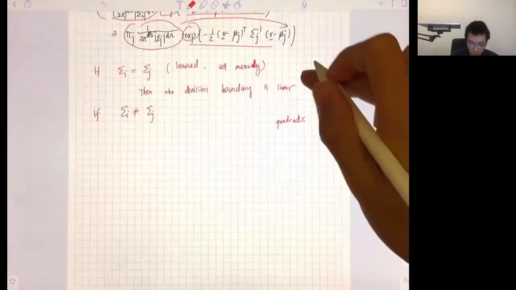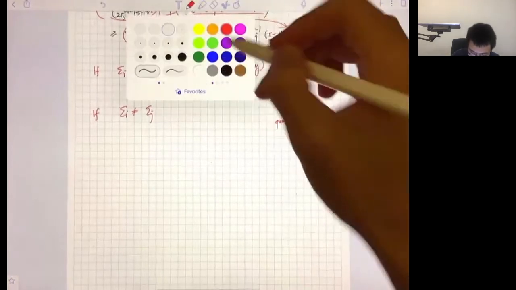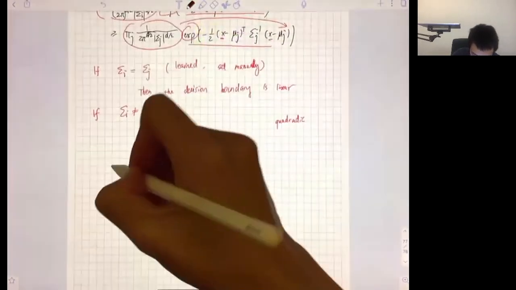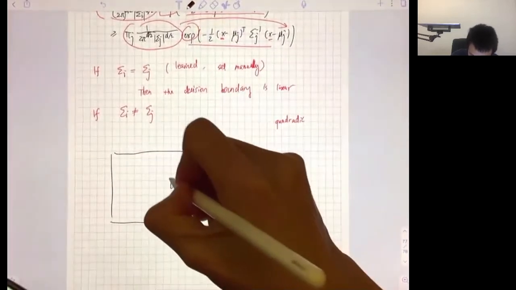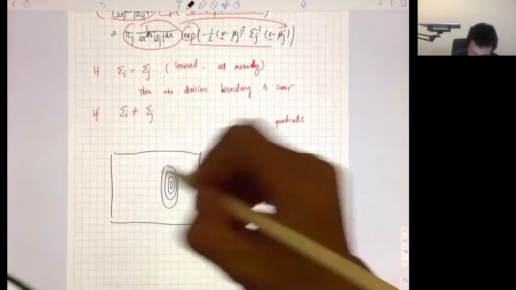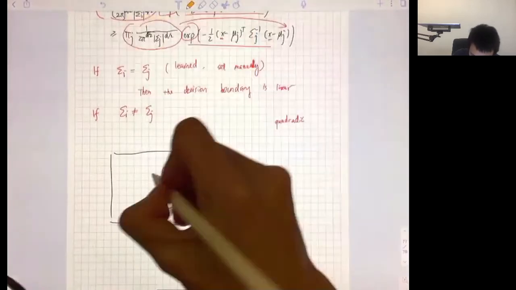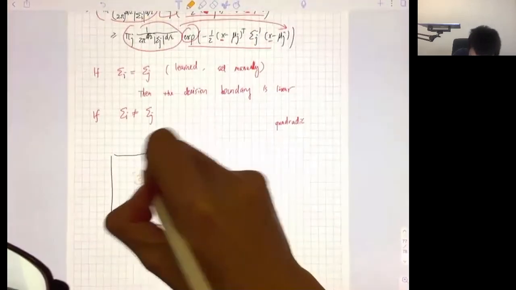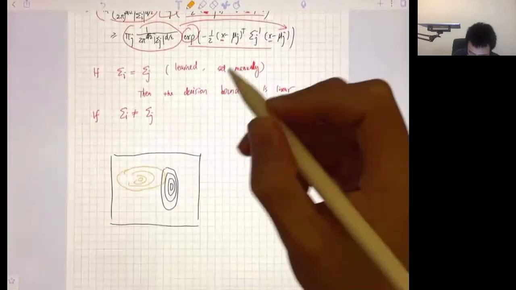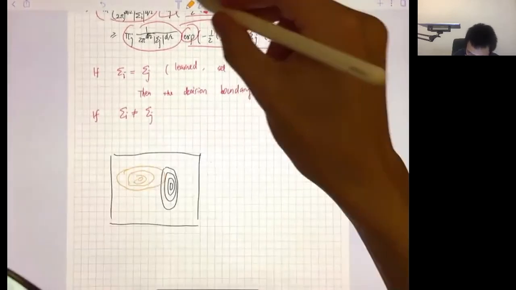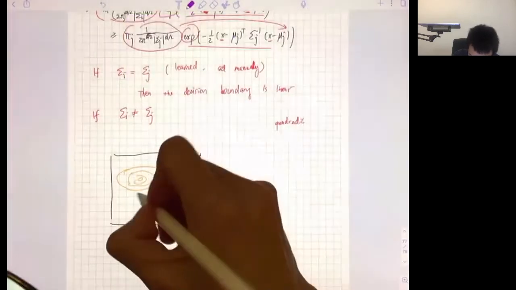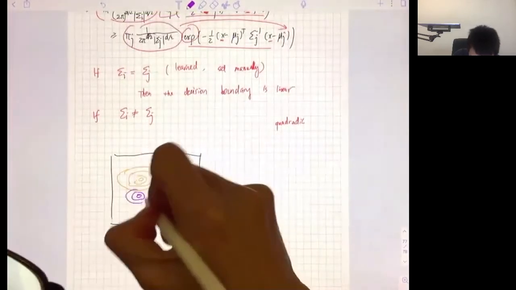Okay. So this tells me that let's consider a few categories. Suppose my first category is this, and my second category is this. And my third category is this.